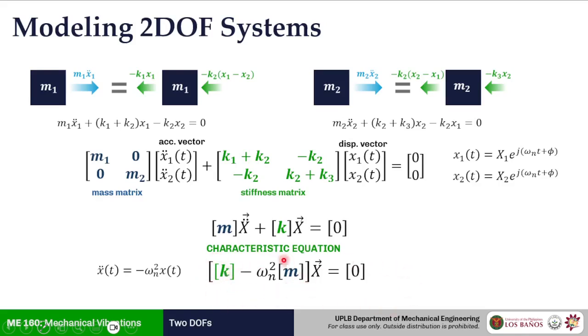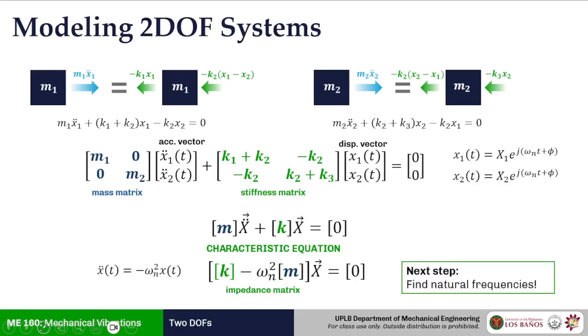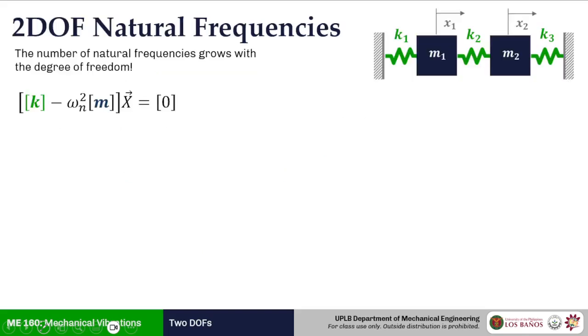And this matrix itself, this might be a familiar term for you. This is called the impedance matrix. So okay, we now have our characteristic equation. Let's find now our natural frequencies. To find our natural frequencies, we have to solve for the natural frequencies that make this entire equation true.